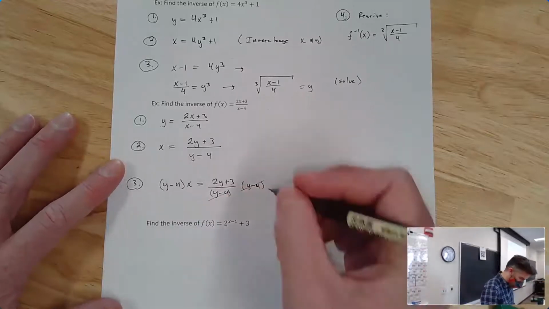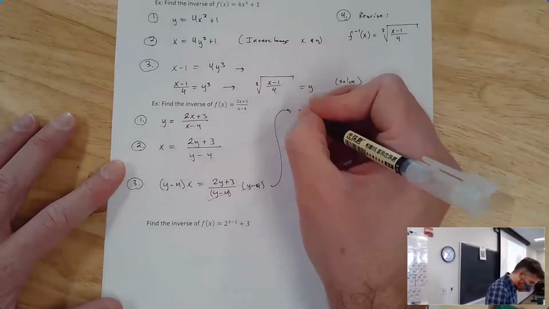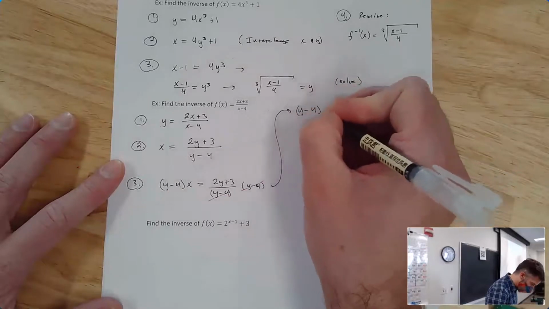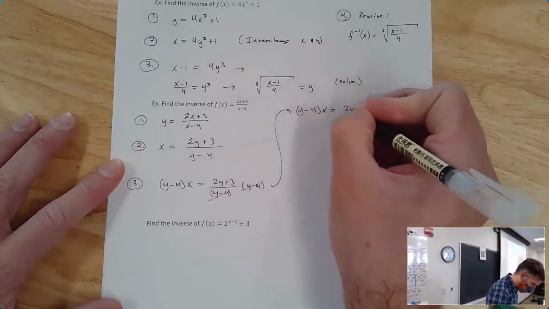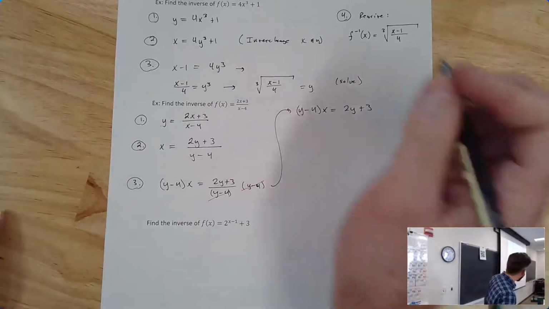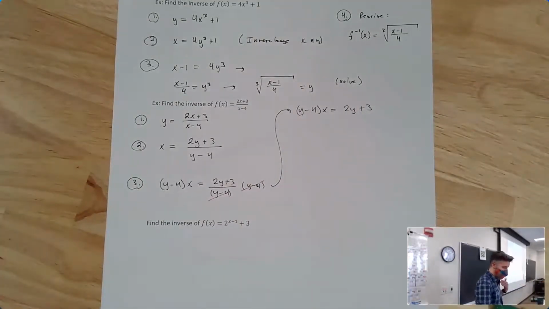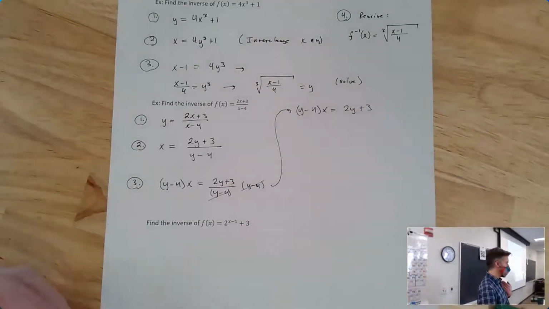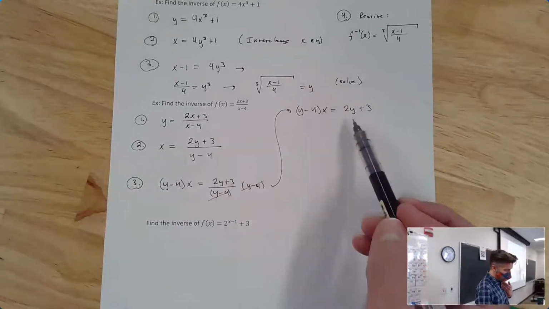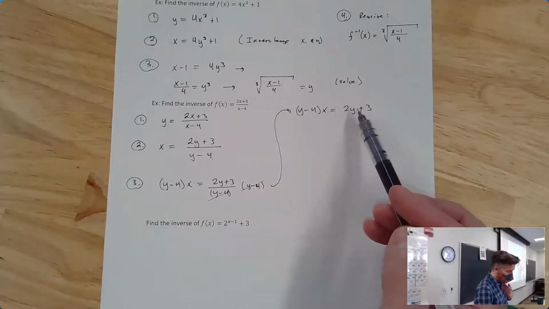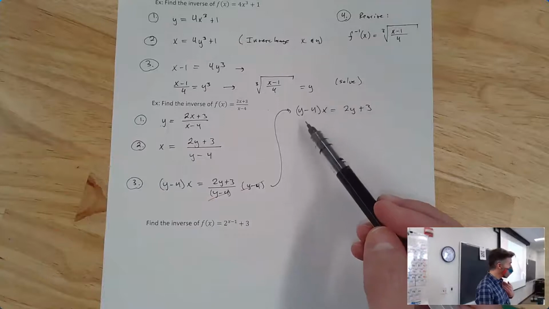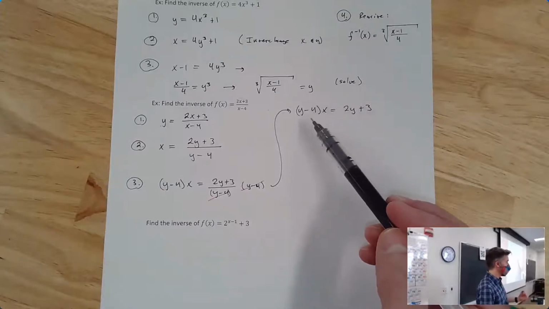So then we have (y minus 4) times x equal to 2y plus 3. And what we can't do at this stage is subtract 3 and divide by 2, because even though that'll get y by itself on the right, there will be y's in the answer. We need this to be wholly a function of just x.